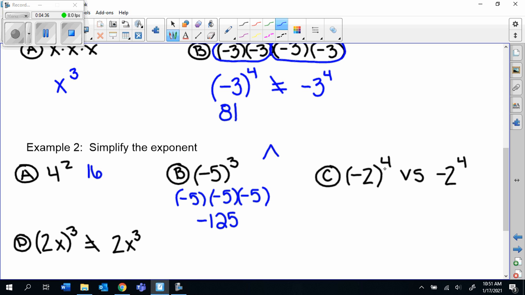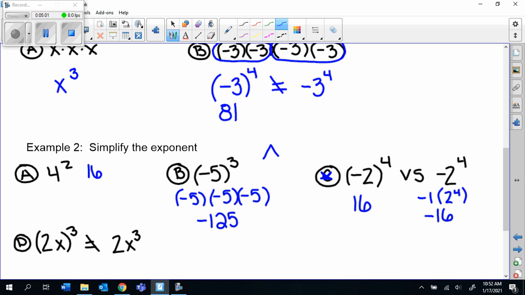So -2 times -2 times -2 times -2 will give you a +16. Here, imagine it's almost like you're saying -1 times 2 to the 4th. You're separating that. You're saying you want the opposite of 2 to the 4th. And so this answer here is -16.